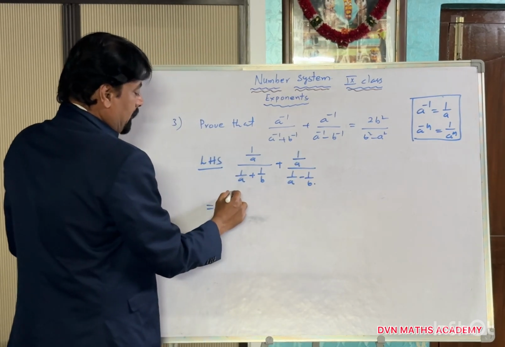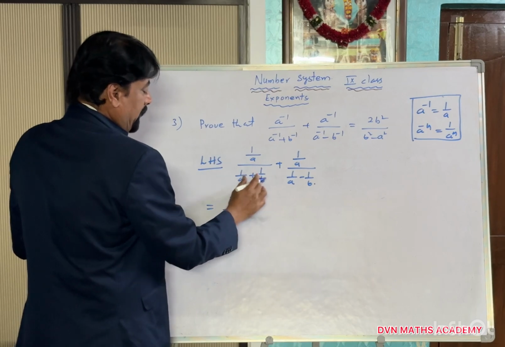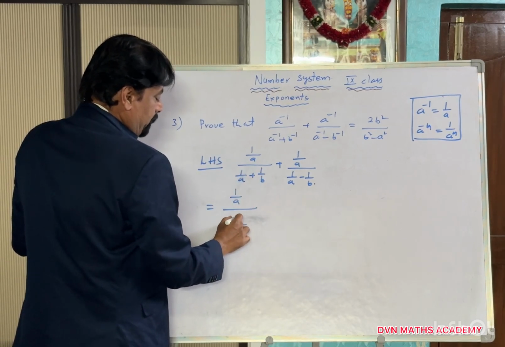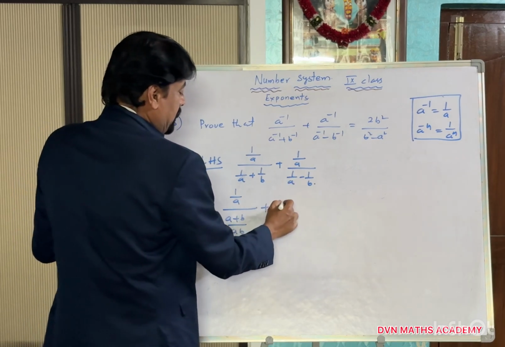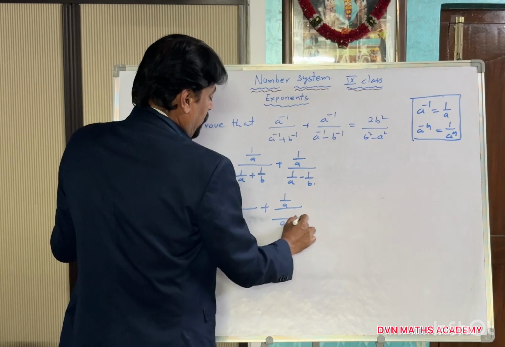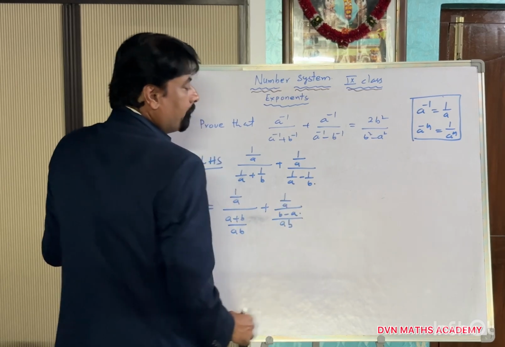So next step is 1 by a. If you go for the LCM, this is ab, a plus b, plus this is 1 by a by this is ab, b minus a.